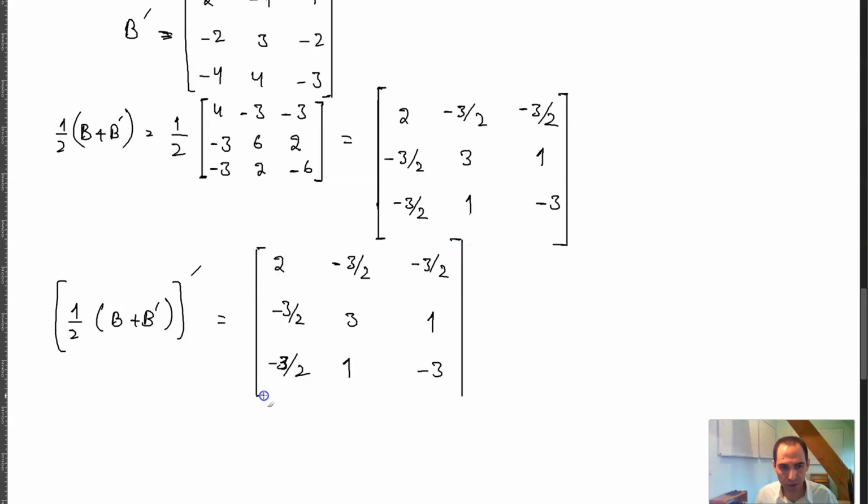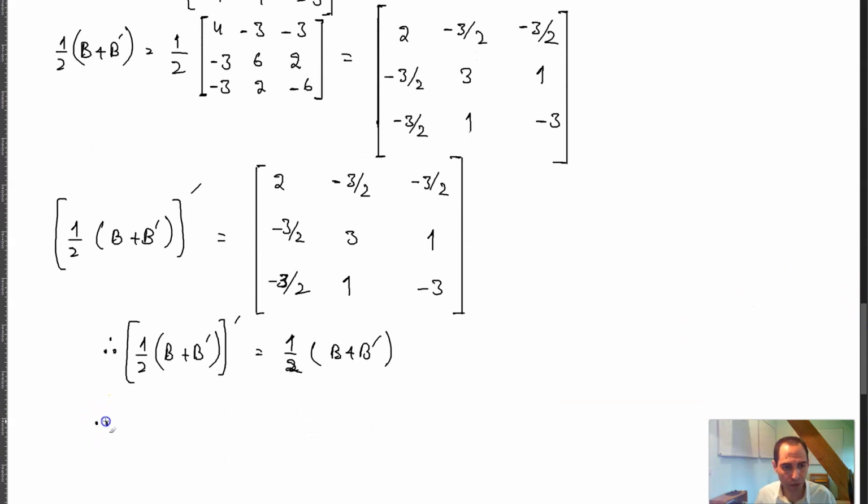And if I compare them, I have the exact same matrix here, so 1/2 of B plus B prime whole prime is equal to 1/2 of B plus B prime, and therefore 1/2 of B plus B prime is a symmetric matrix.